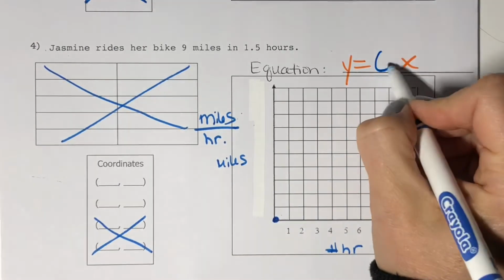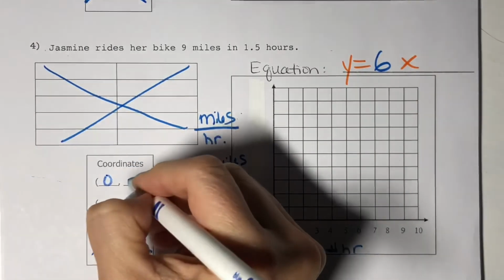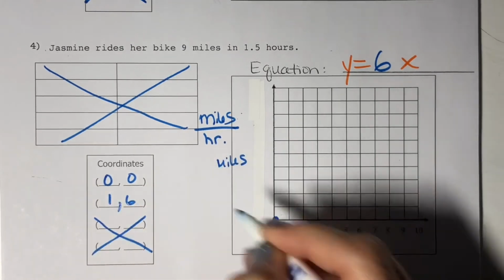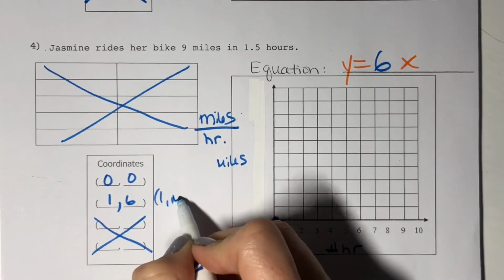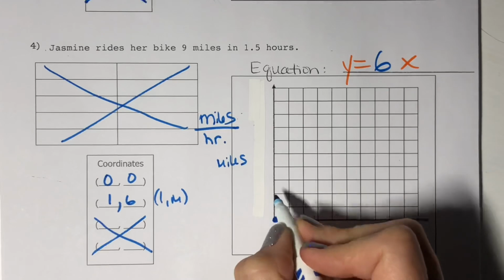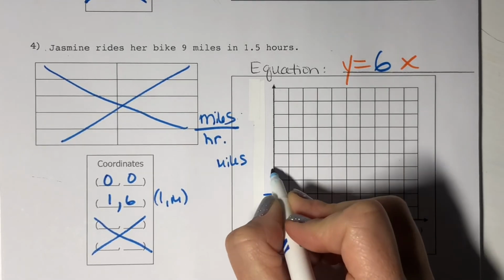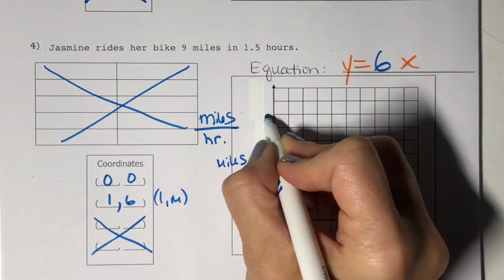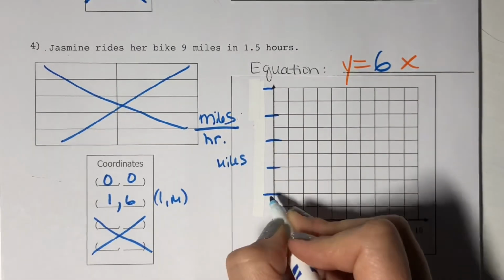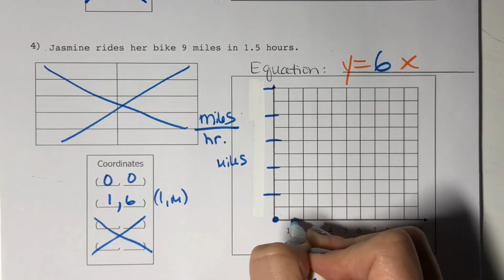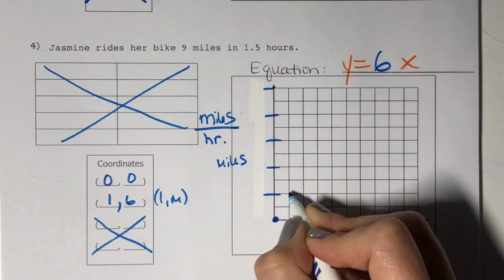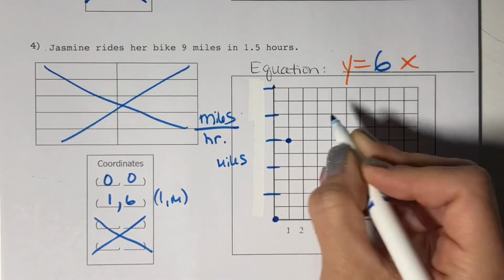I'm going to put that 6 right here, which means I have 0, 0 and 1, 6, because that is my m. And I'm going to go, we'll just go by 2s. 2, 4, 6. It's a little steeper, but whatever.